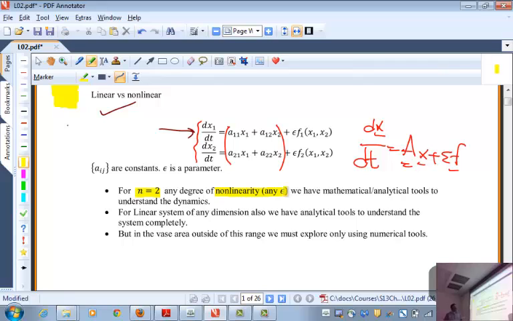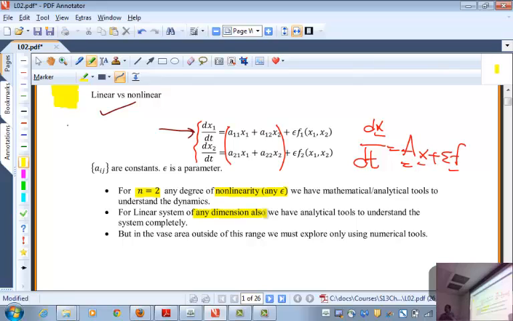Similarly, if epsilon is 0, that is, it's a linear system, then we can analyze the system of any dimension. It can be 200,000 equations, but if it is linear, we know everything about it. The mathematical tools are there for us to analyze linear problems of any size and nonlinear problems of size 2. You can characterize it completely.